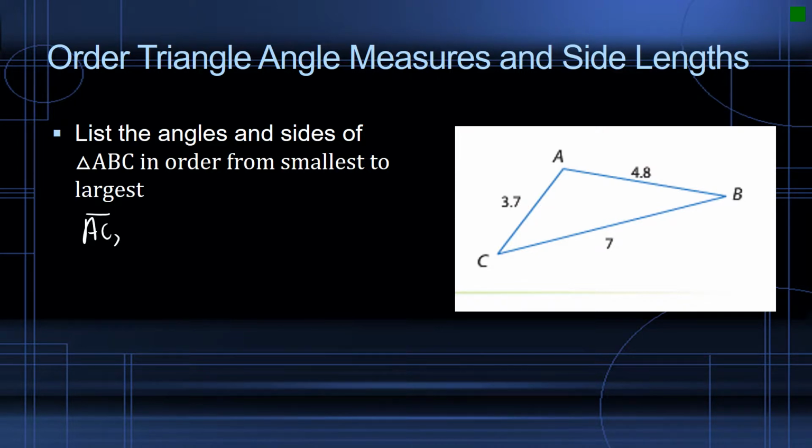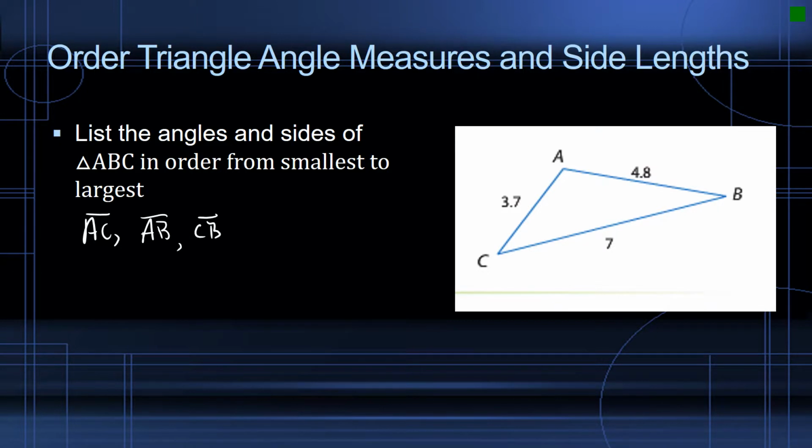And next to it, segment AB is 4.8. Well, segment AB is next. And then segment CB or BC, either way, is the longest.